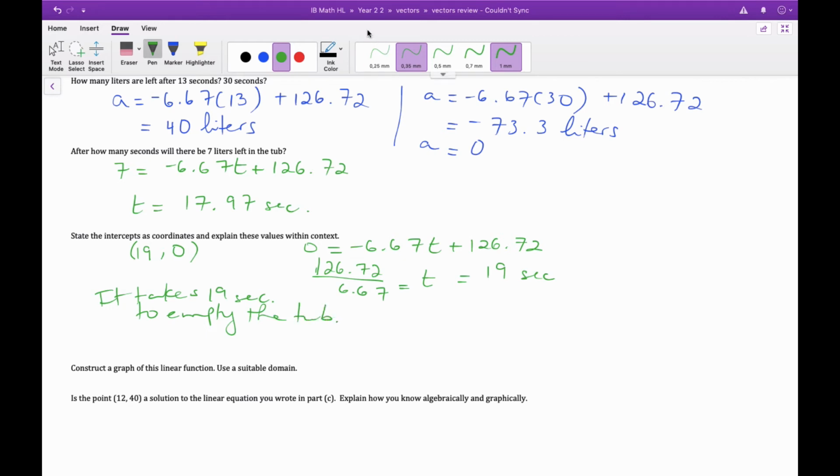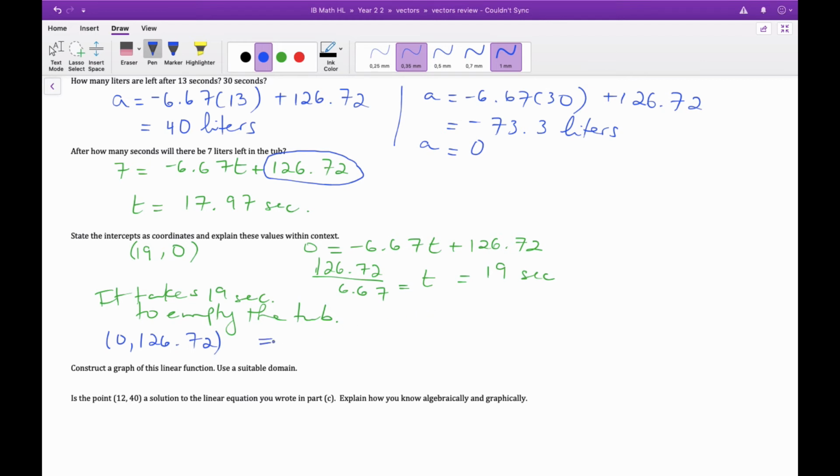Now, the reason I like the slope-intercept form is because you automatically get an intercept with that. We can see what the y-intercept, or the A-intercept, is, and that is going to be 126.72, and that happens when the t value is 0. So when time is 0, it's 126.72 liters.